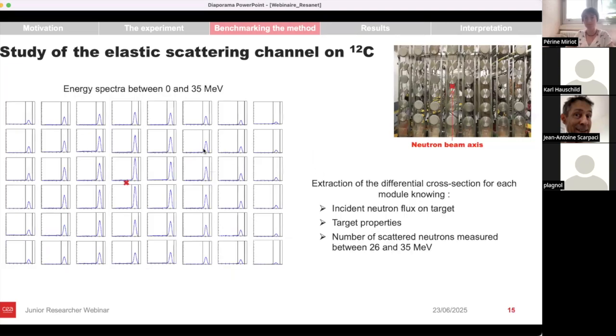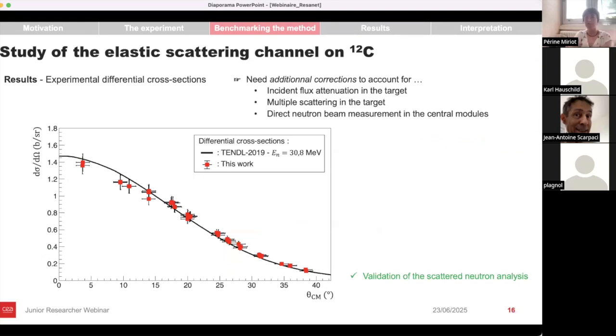I show here the energy spectrum map, which corresponds to the MONSTER setup. And here, simply by counting the number of scattered neutrons measured between 26 and 35 MeV, the region shown here with the vertical bars, and knowing the incident free neutron flux on target that we measured at the beginning and the target properties, I was able to extract the differential cross-section.